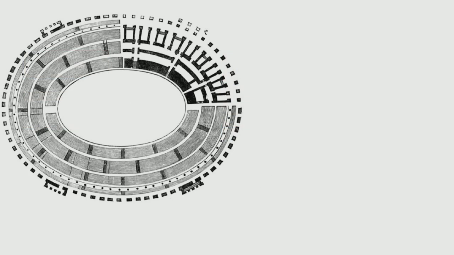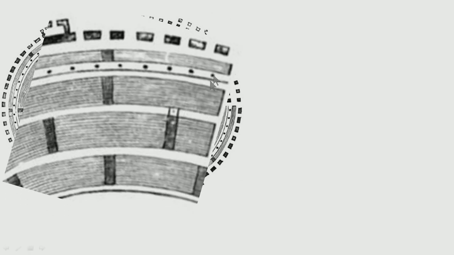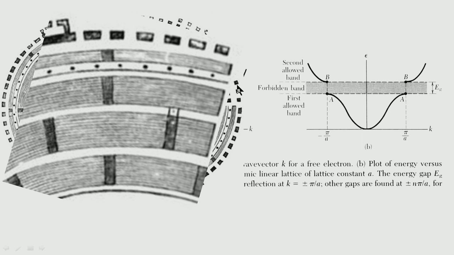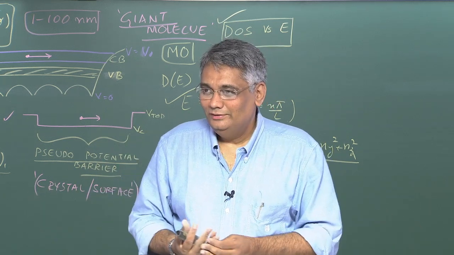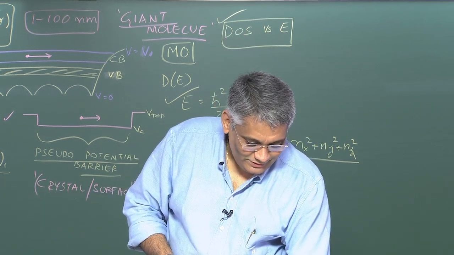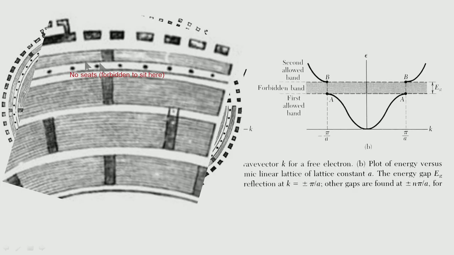Just a small portion of the seating arena is compared with the occupied and unoccupied states in the case of an atom and then in a solid. You have the forbidden regions here, and these are the parts where no seating is allowed. So this analogy tells you something.